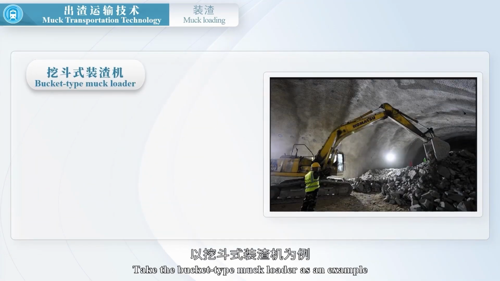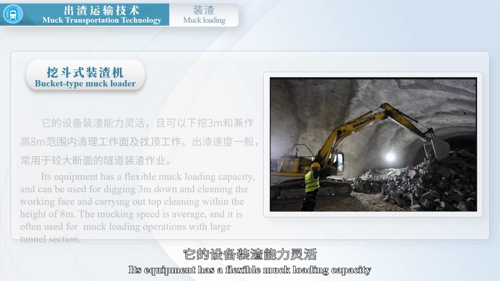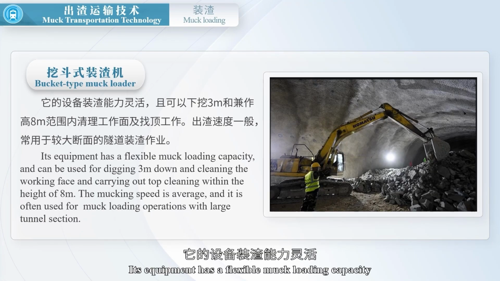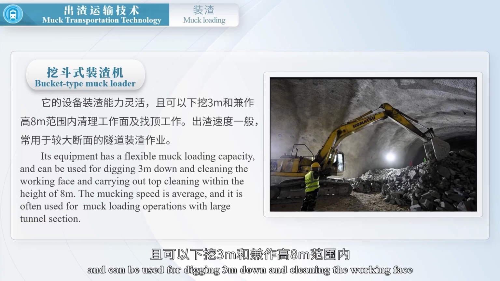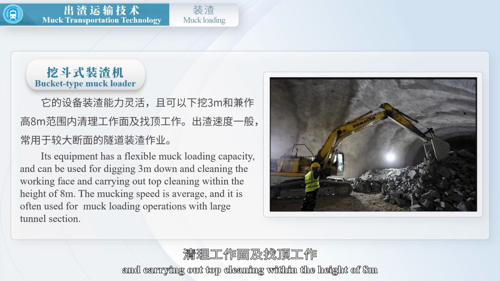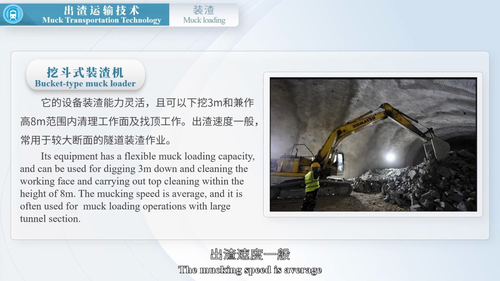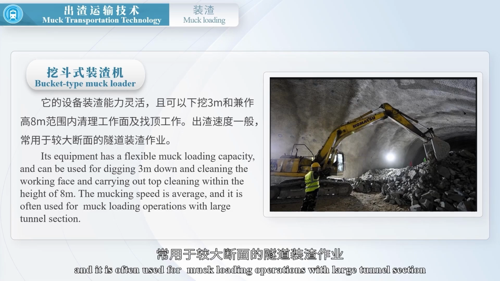Take the bucket type muck loader as an example. Its equipment has a flexible muck loading capacity and can be used for digging 3 m down and cleaning the working face and carrying out top cleaning within the height of 8 m. The mucking speed is average, and it is often used for muck loading operations with large tunnel section.